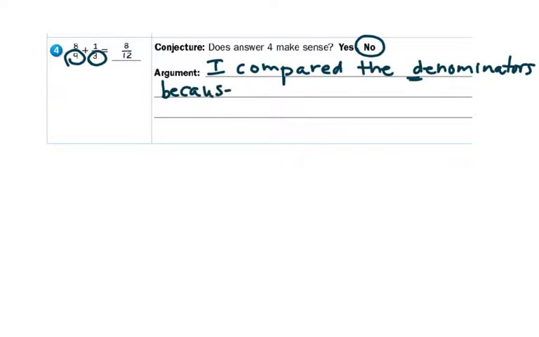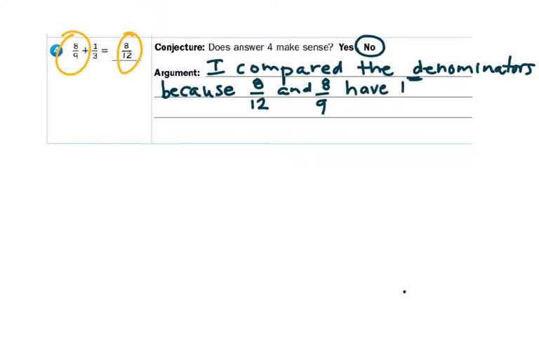Because eight twelfths and 8/9 have the same numerator, the same top number. 12ths are smaller pieces, right?